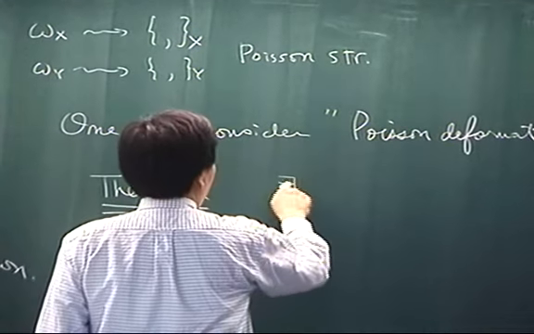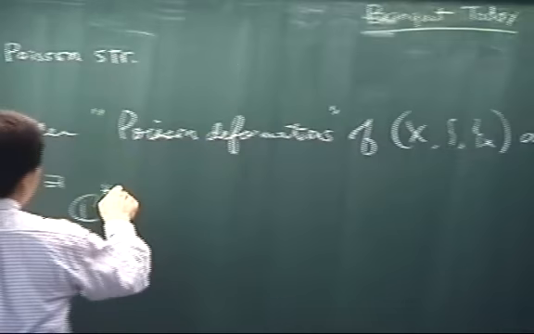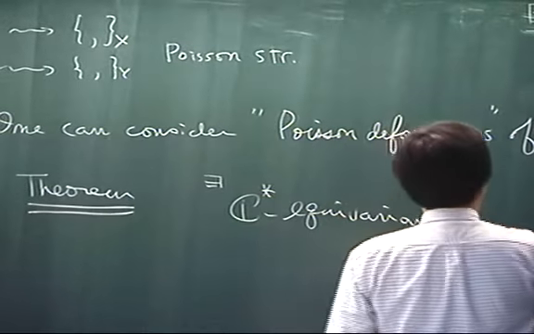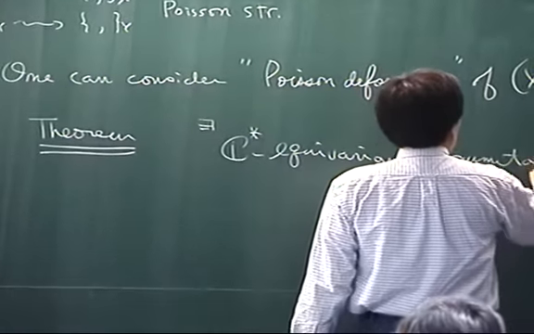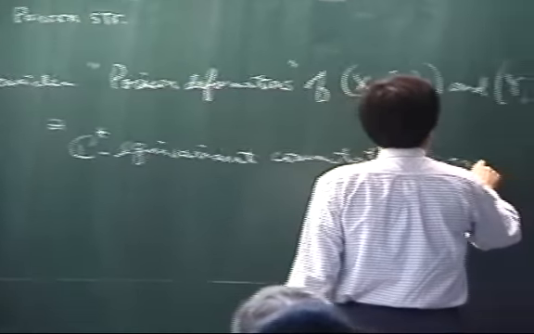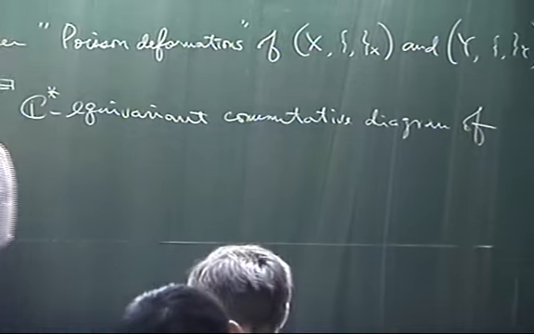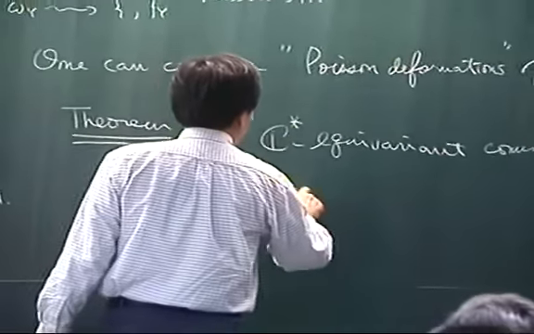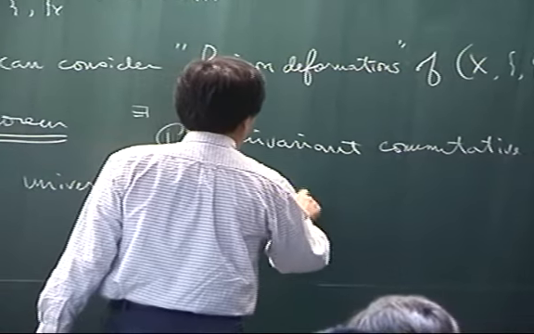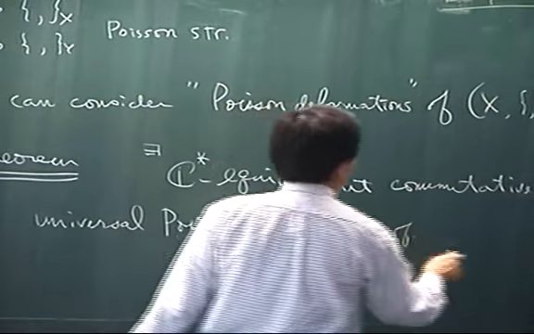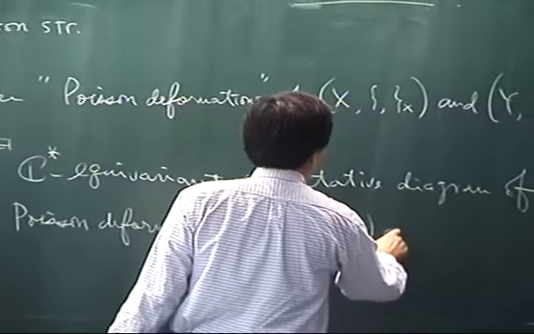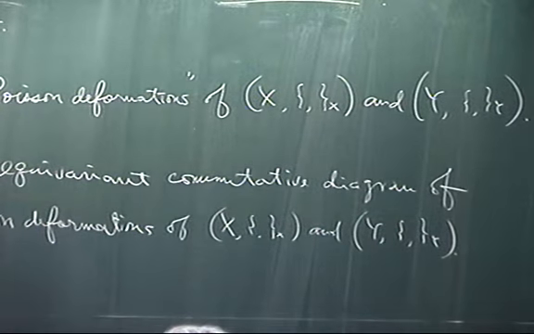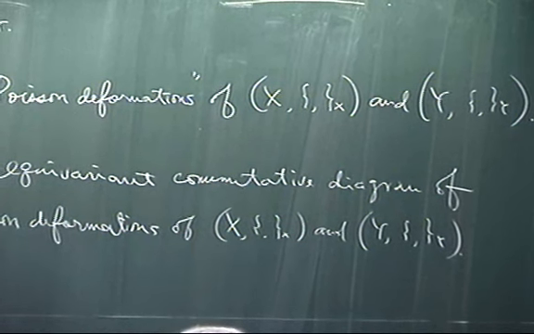There exists a C-star equivariant commutative diagram of universal Poisson deformations of X and Y. The diagram is as follows.